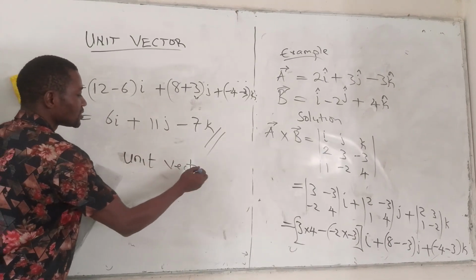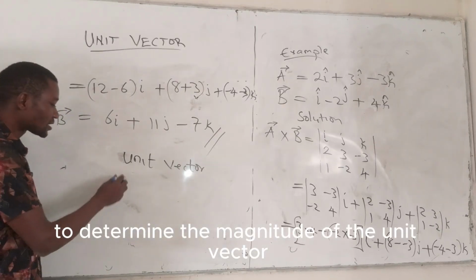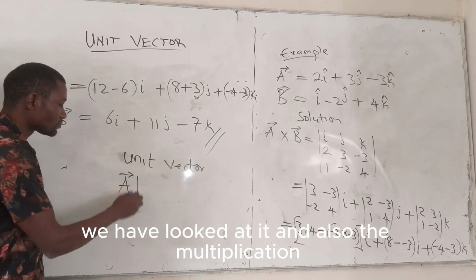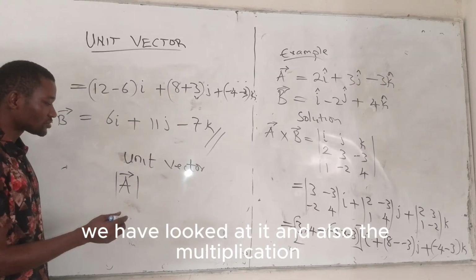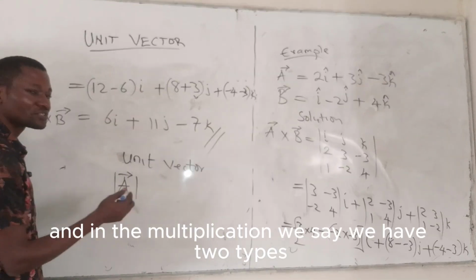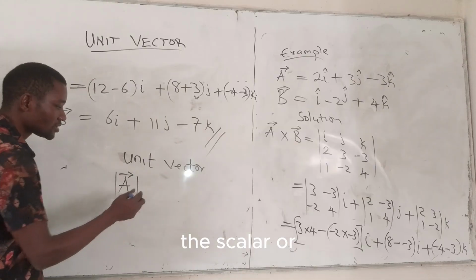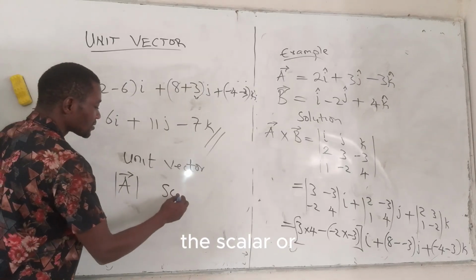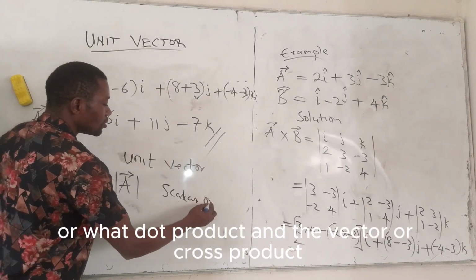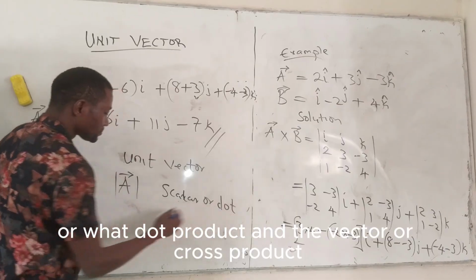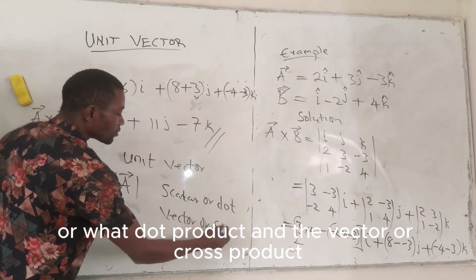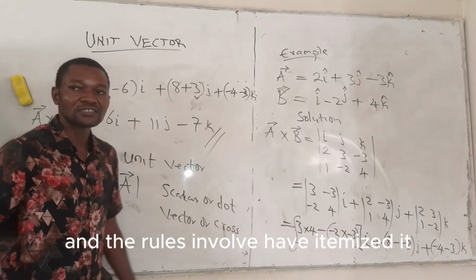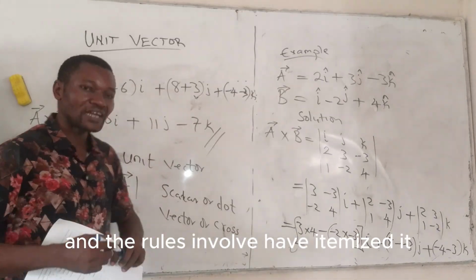From here, we determined the magnitude of a vector, and also the multiplication. And in the multiplication, we have two types: the scalar or dot product, and the vector or cross product. And the rules involved, I've itemized them.